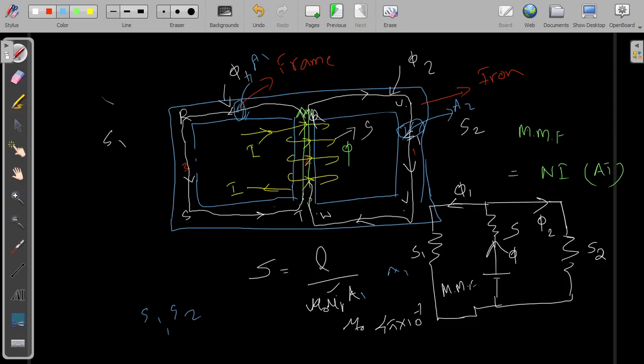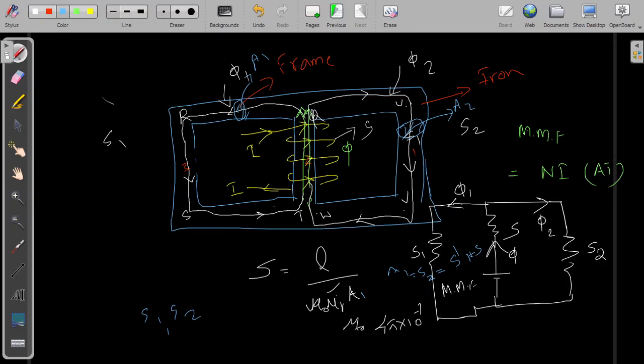In such a situation, S1 will be equal to S2, and that will be equal to S dash, not equal to S.